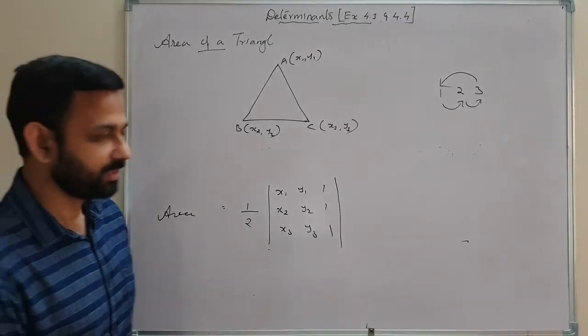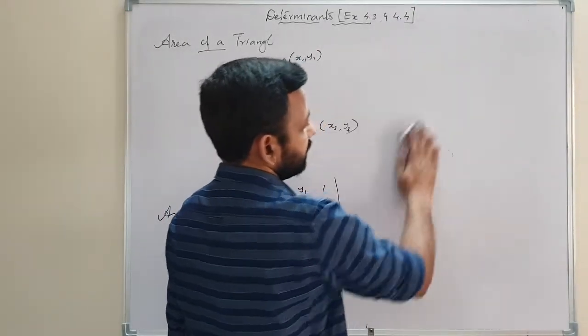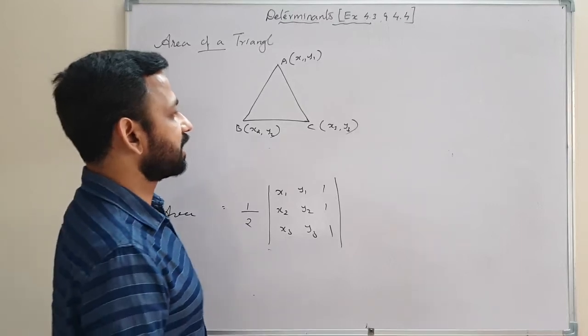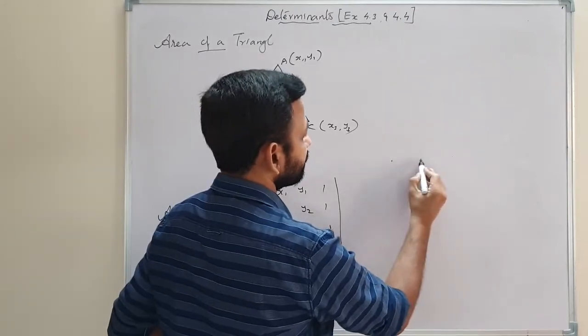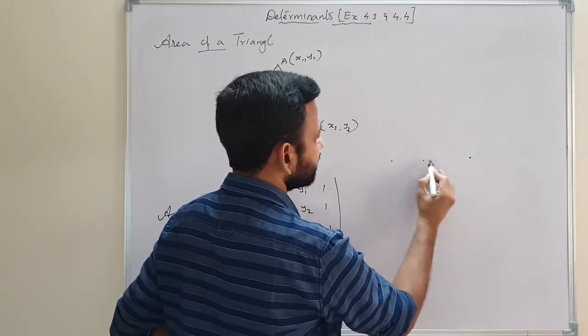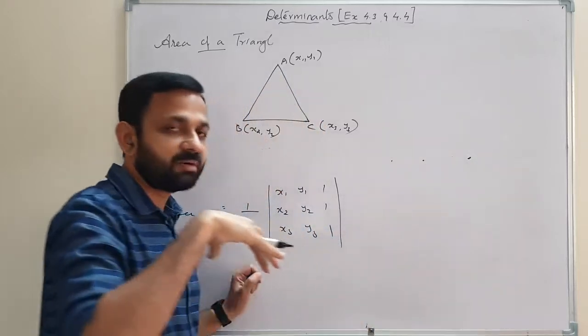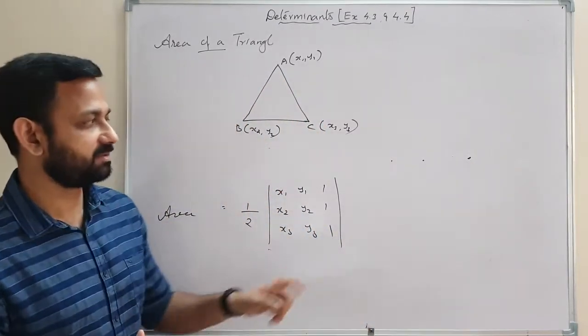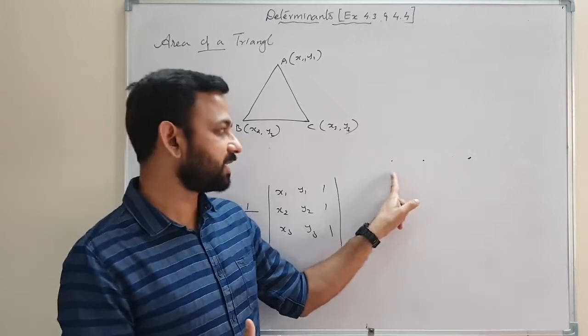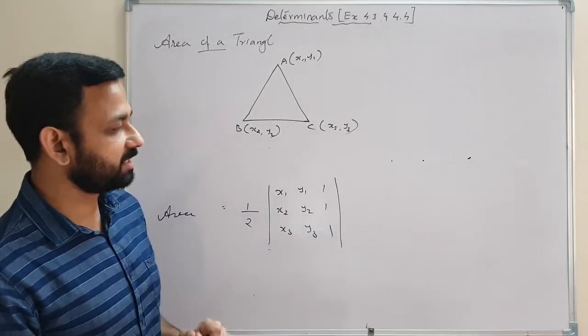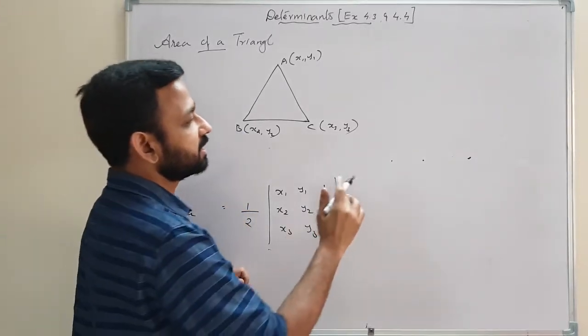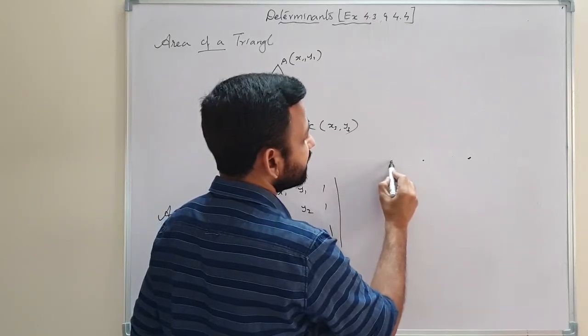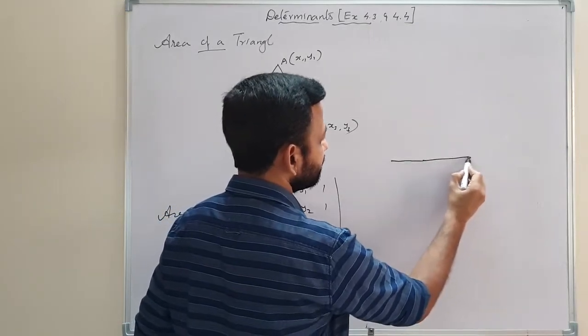And if 3 points are collinear, collinear points means points lying on the same line, then the area of the triangle formed by those 3 points is 0.